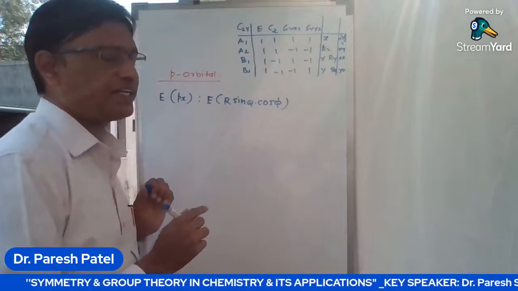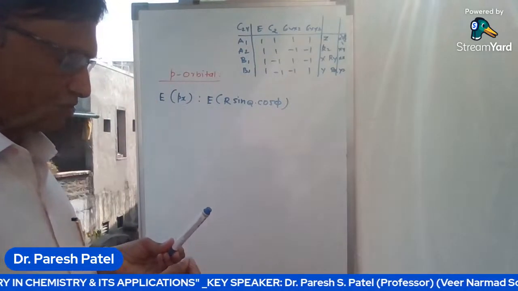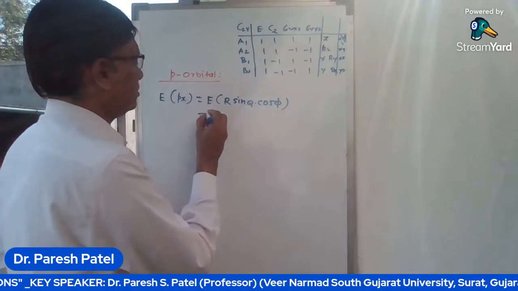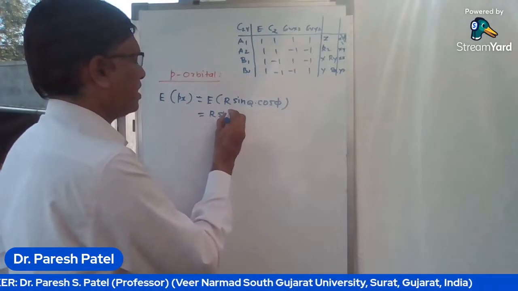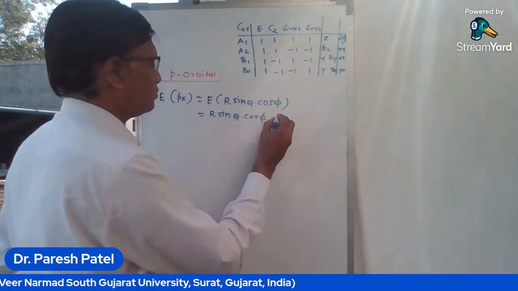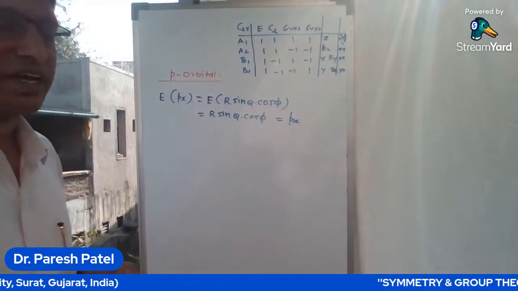If we operate the identity symmetry operation on any molecule, it remains as it is. It means r sin theta cos phi is equal to px, so there is no change in the position of the px.